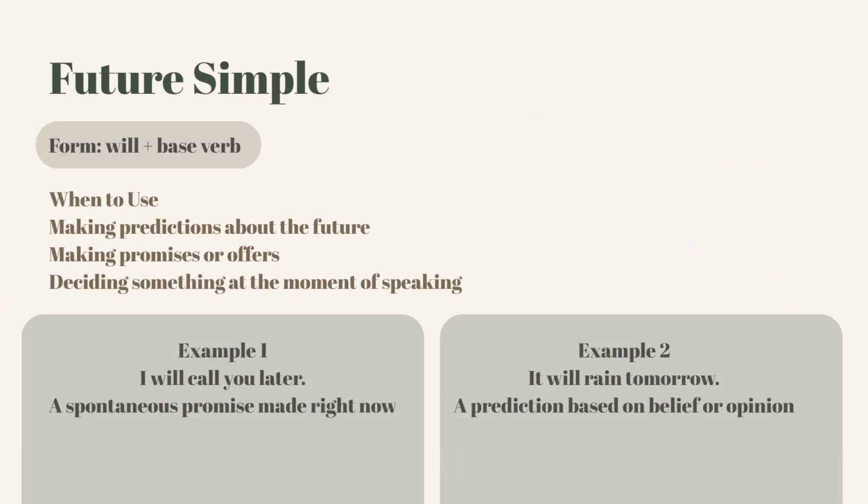It's just, you can understand it from the name, it's just simple, you know? So, we use future simple to talk about predictions about the future, what we think will happen in the future, or maybe, you know, our guesses even.